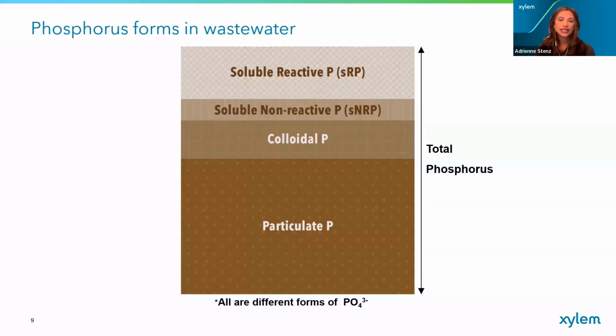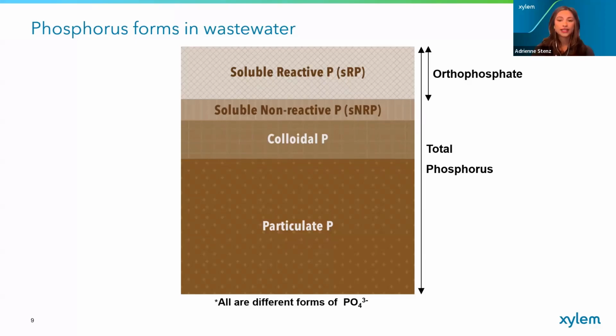Now, total phosphorus is the NPDES compliance measurement and is testing for all of these forms of phosphorus in a wastewater sample. When we talk about orthophosphate, we're only referring to soluble reactive phosphorus in a sample. Reactive is a method-based chemistry term for orthophosphate.